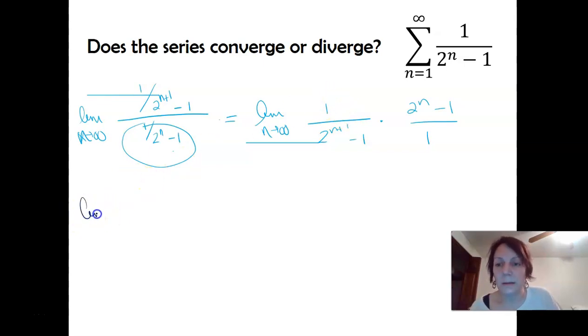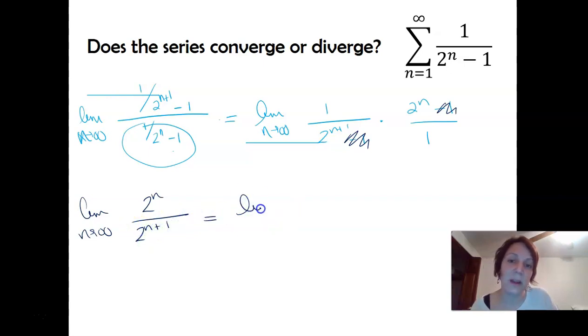Once we do that, this one simplifies even better than the last one. Minus 1 as I approach infinity, I don't care about that. So I have 2 to the n, and I have 2 to the n plus 1, which very nicely simplifies to 1 over 2, which comes out to 1 over 2.